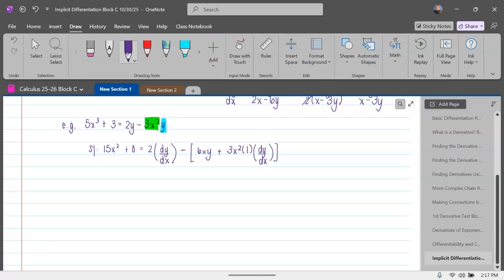Okay? Now, the reason why I asked you guys to stop here, all right, is because we need to remember that this subtraction sign applies to both terms for the product rule. All right? So this really simplifies down to 15x squared is equal to 2 dy/dx minus 6xy minus 3x squared dy/dx.